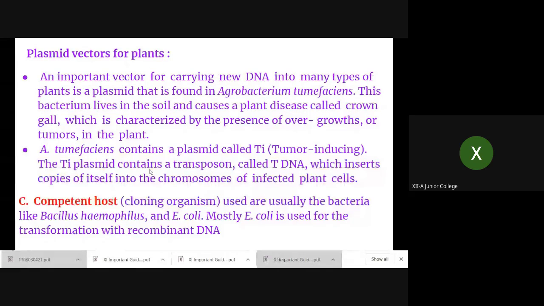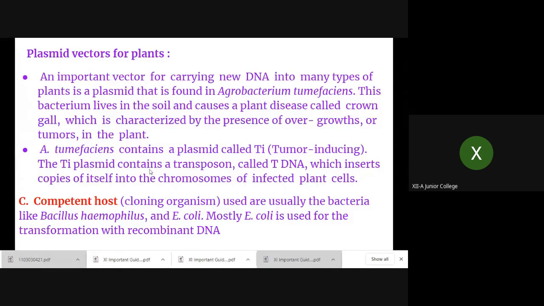The cloning organisms generally used are E. coli or Bacillus, Haemophilus. The commonly used vectors are plasmids and bacteriophages. Enzymes are endonucleases, ligase and phosphatase. Many more enzymes are used. So remember each and every point about biological tools, as it is very important.